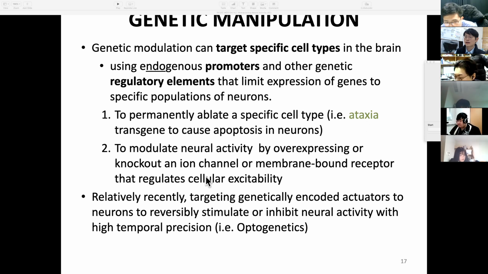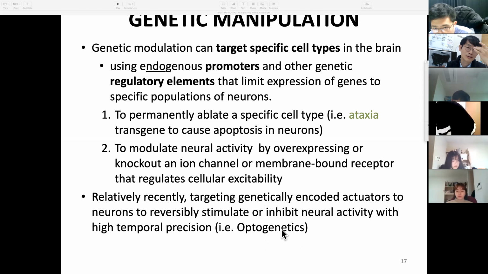And recently, targeting genetically encoded actuators to neurons can reversibly stimulate or inhibit neural activity with high temporal precision. So this is a revolution, and why is this possible? A good example is optogenetics. You can consider the neuroscience big changes as optogenetics before and after.